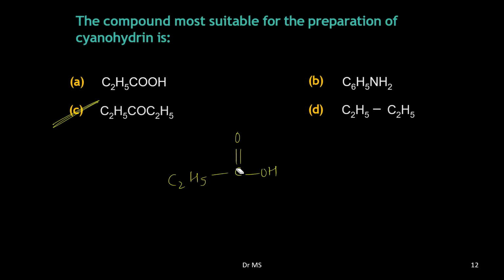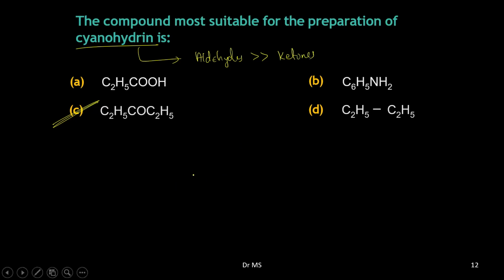But cyanohydrins will be more favorable for the aldehydes and then ketones. Just remember this: aldehydes and then ketones. So what is a ketone here? It's option C.